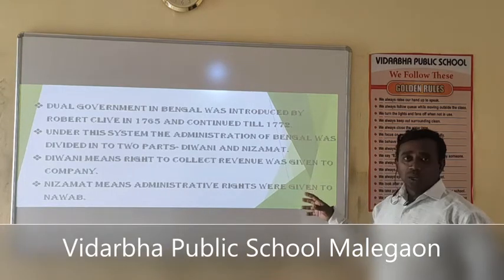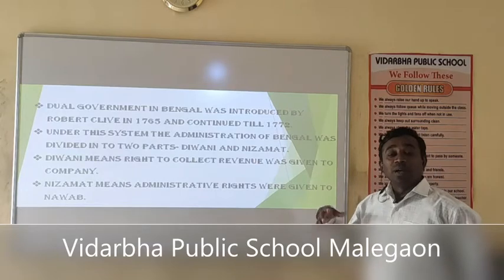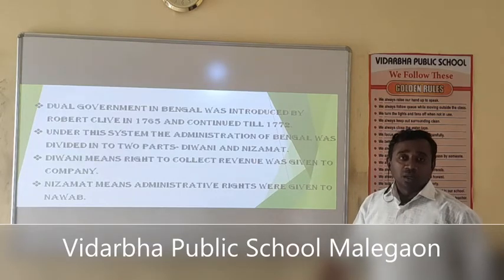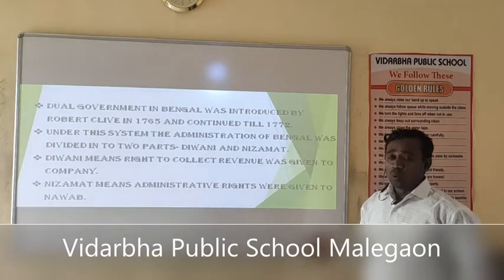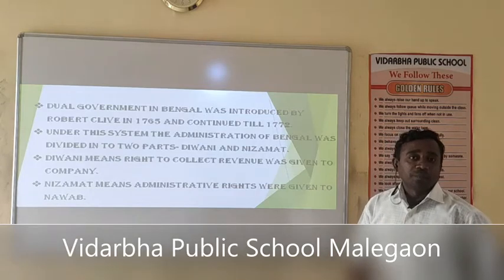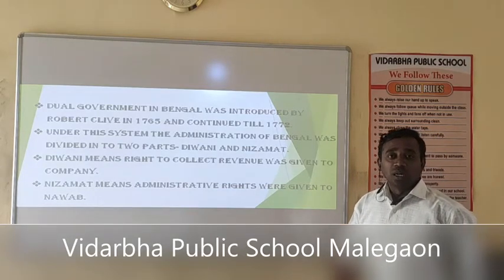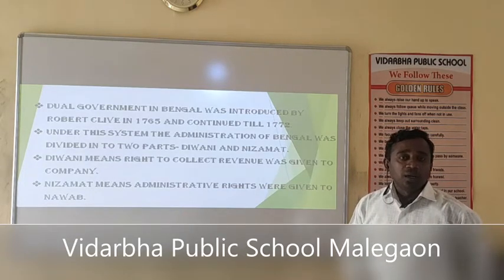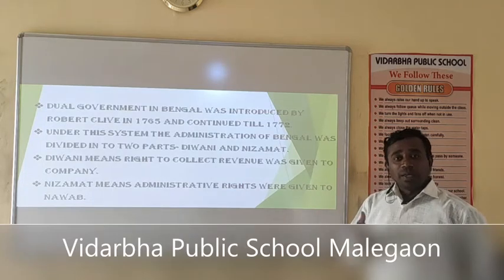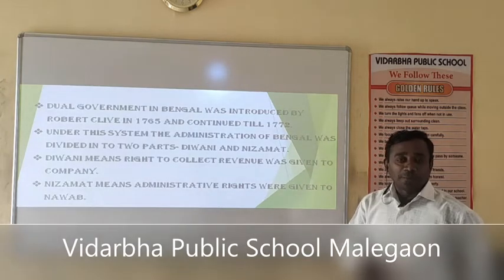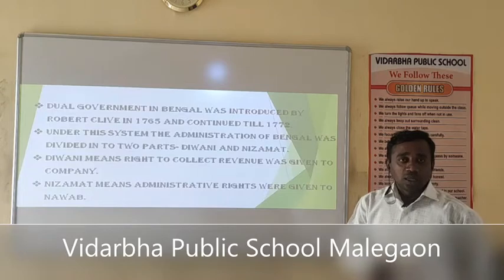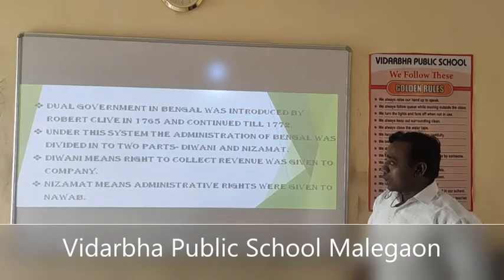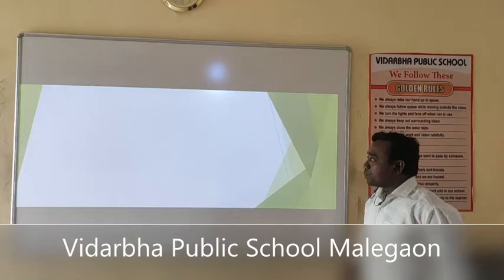That's why this dual government system was more beneficial for the company, because the company's main motto was to earn money from India. They had nothing to do with the well-being of Indian people. So the well-being or administration was left to the Nawabs, to the rulers, and collecting money was left to the company.